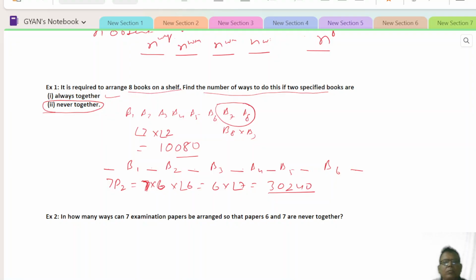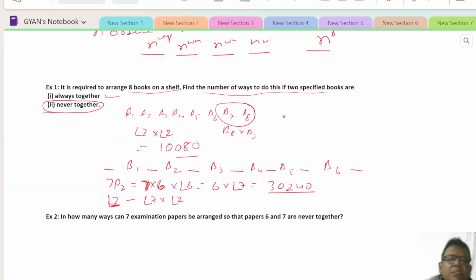Or one more method can be used, but generally that should be avoided. Total how many ways can it be arranged? It can be arranged in factorial 7 ways. How many ways can it be kept together? That is factorial 7 into factorial 2 ways. Total how many ways can it be arranged?